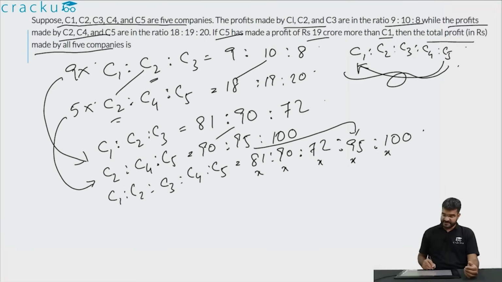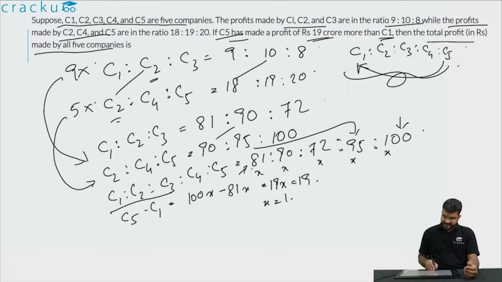Now we are told that C5 has made 19 crores more than C1. So C5 minus C1 will be 100x minus 81x, which is equal to 19x. This we are told is equal to 19 crores, so x is equal to 1.